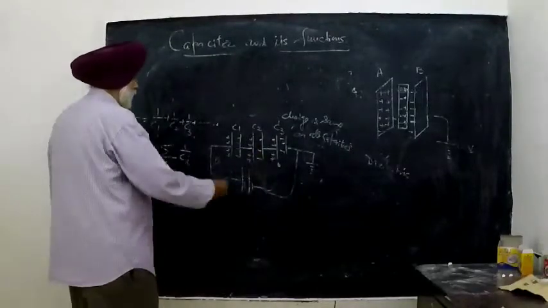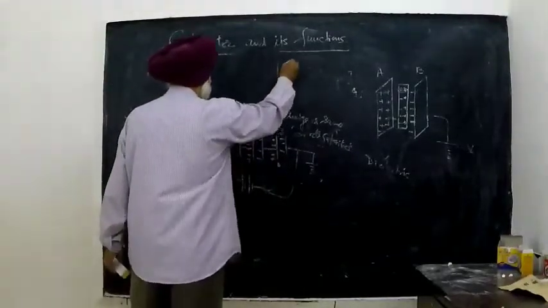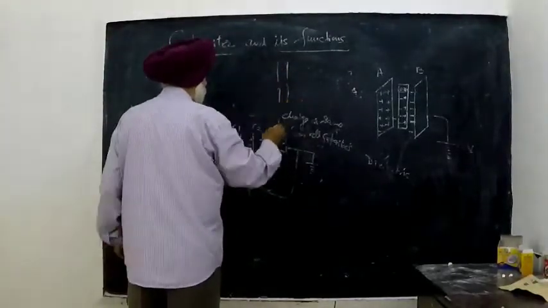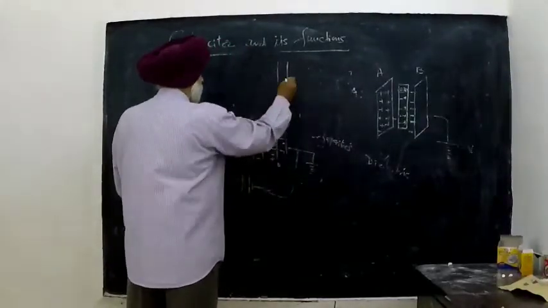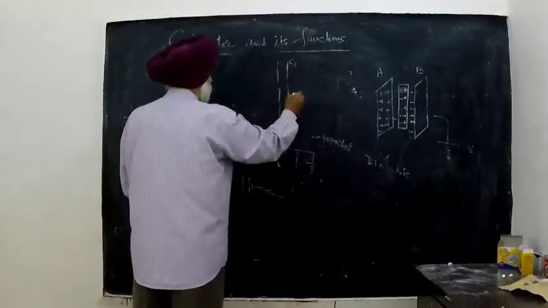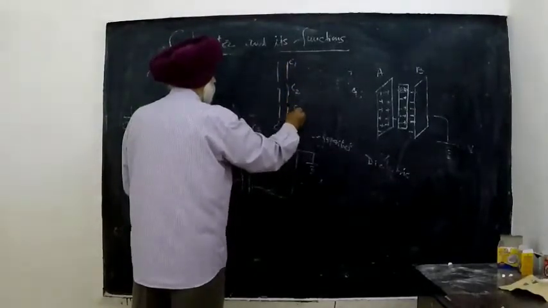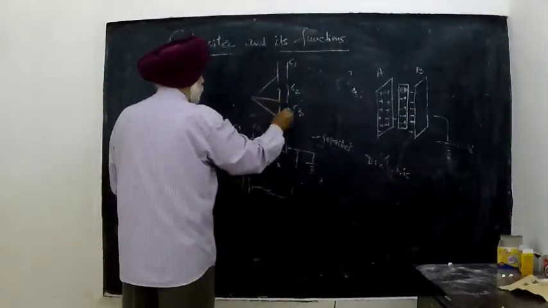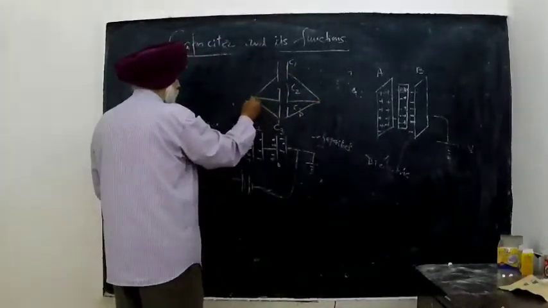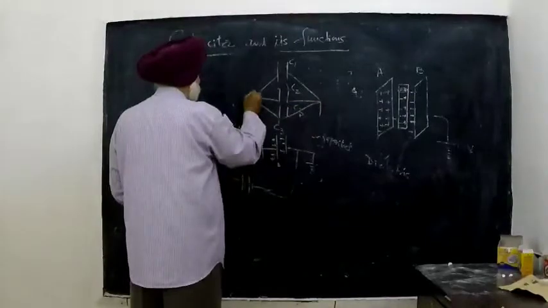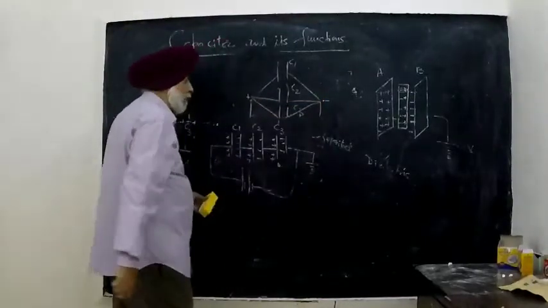But when they are connected in parallel, just like this, then the electric potential is the same on all the capacitors. C1, C2, C3, now you connect them in parallel by connecting them to a battery.